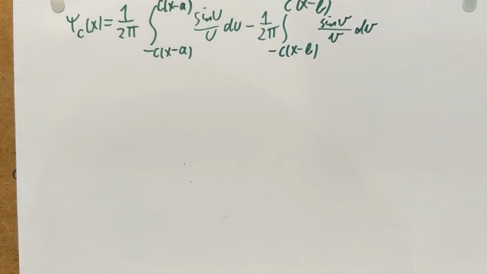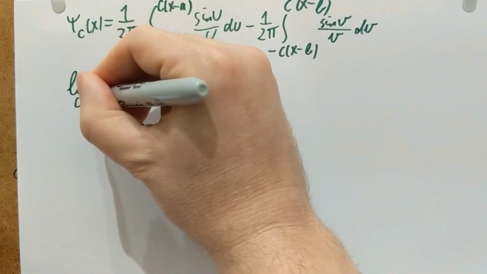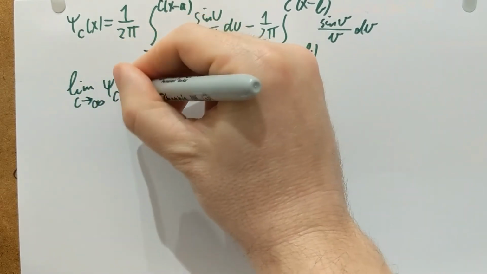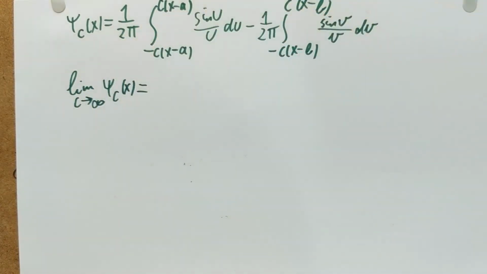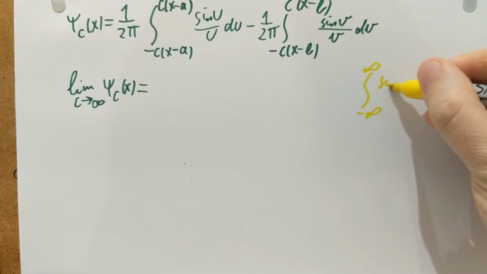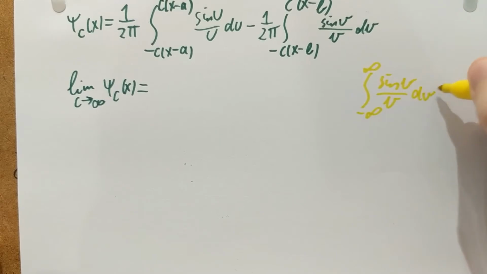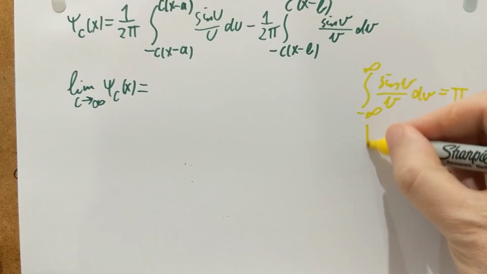And now what I want to do is take a limit in c. Eventually, at the end of the day, I need to take a limit as c goes to infinity in psi c. So what is that? Now, the function sine v over v is a nice function. If you integrate from minus infinity to infinity sine v over v dv, that's just pi. That's a fact from analysis.